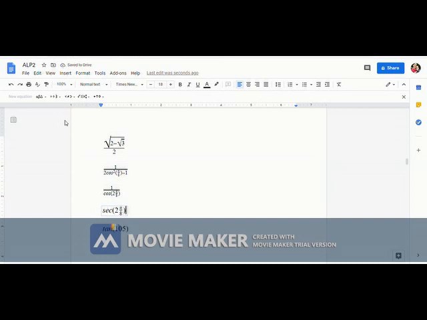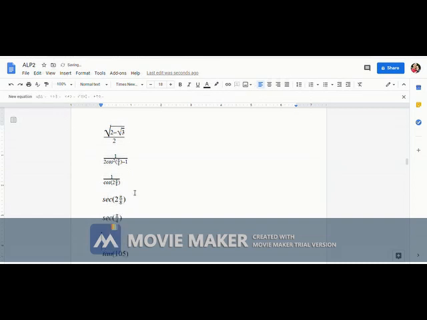Alright, and if we multiply this in here together, we get secant pi over 4. Alright, and we know the value of that from our unit circle.